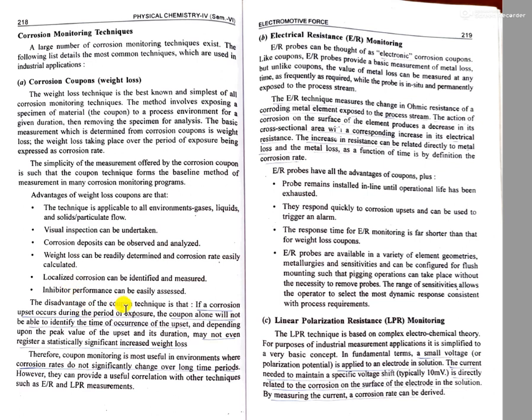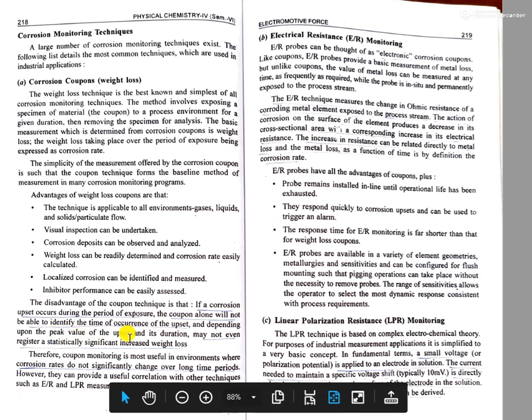There are also certain disadvantages of this technique. If a corrosion upset occurs during the period of exposure, the coupon alone will not be able to identify the time of occurrence of the upset, and depending upon the peak value of the upset and its duration, may not even register a statistically significant increased weight loss.